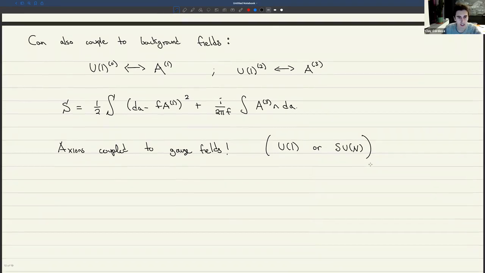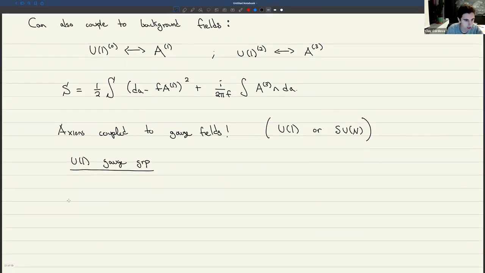So let's first look at the symmetries briefly of the gauge field sector. I won't go through them in detail. So before coupling the gauge fields to the axion, what would we have? So if we had a U1 gauge group, well, then there are two interesting symmetries.